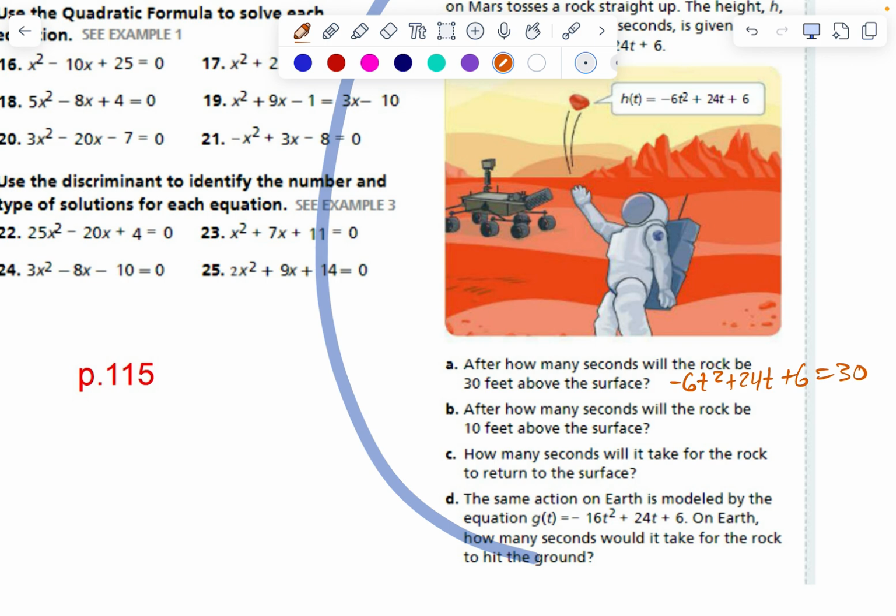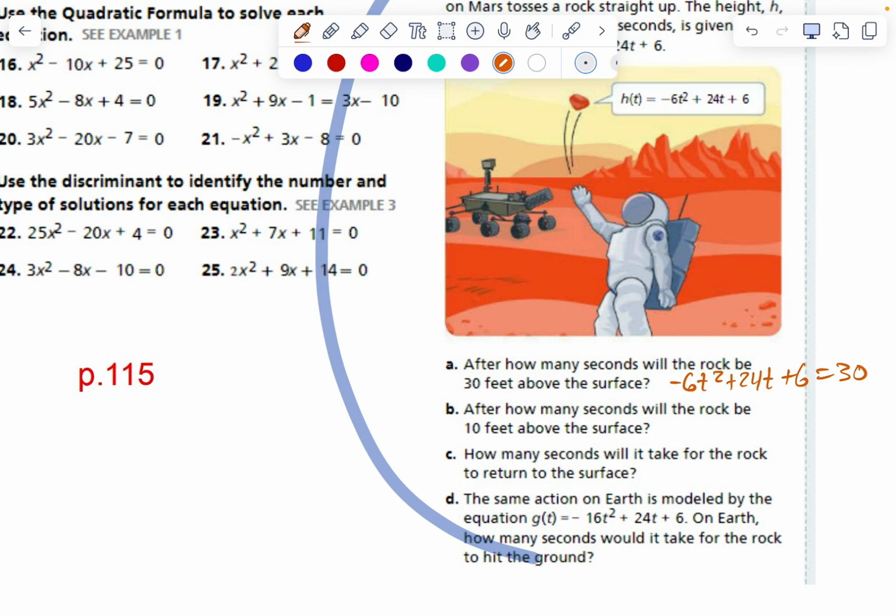And in this case specifically, every one of these numbers has a factor of 6. So GCF out of 6, and you'll have t squared, 4 and 1. Pull out a negative 6, I should have said that. So negative 6 comes out, you'll have t squared, negative 4, negative 1.